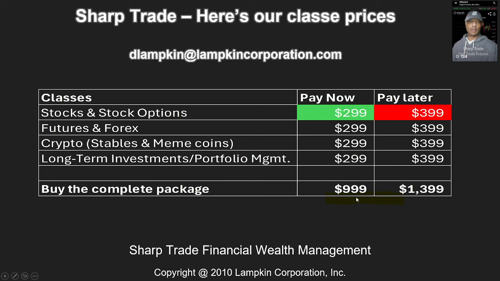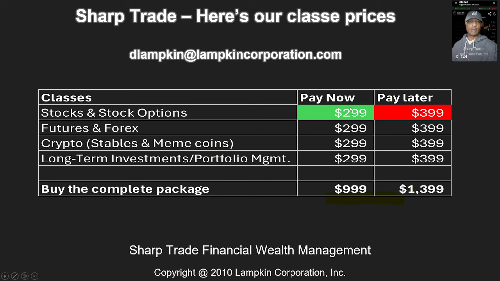It costs $999. You could pay that right now with a credit card or a debit card, and you have to specify that in the email that you send to me. Or you could do the buy now, pay later through PayPal. You have to specify that so I can send you that invoice, and you can get this whole block of classes.